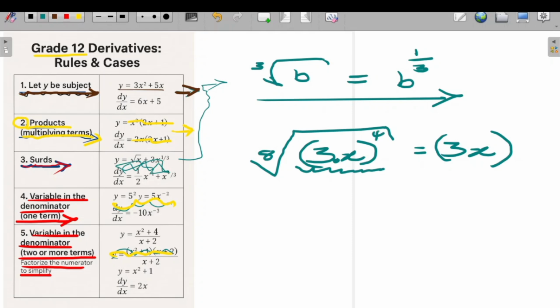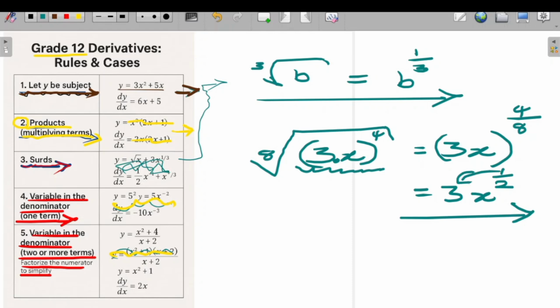It will be the inside, which is 4, over the outside, which is 8. And what we get is (3x) to the power of 1 over 2, like this. And knowing the power rule, we multiply the coefficient with the exponent, and we subtract 1 from the exponent.